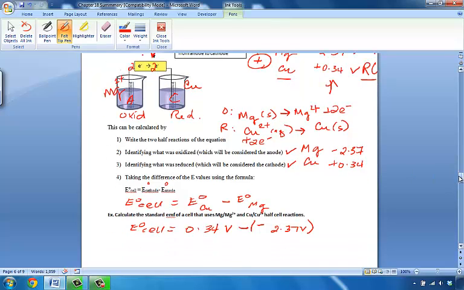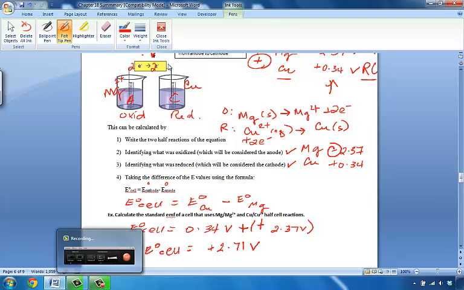Remember, what we're trying to do is reverse the sign here of this magnesium, but we're not going to do it. The equation will if we've set everything up correctly. A negative and the negative makes a positive, and there's the change of sign. Again, we didn't do that, the equation did. So 0.34 volts plus 2.37 volts is a total of positive 2.71 volts.